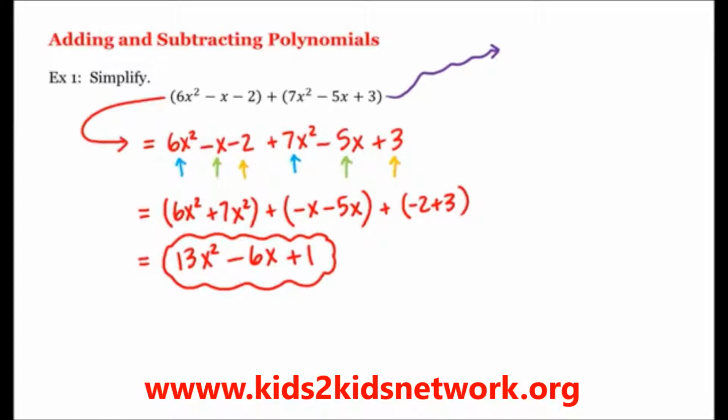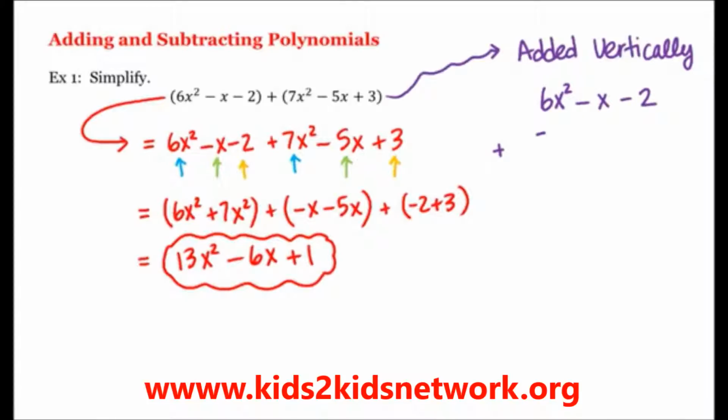Now, sometimes you'll see polynomials added vertically. We have this first polynomial, 6x squared minus x minus 2.